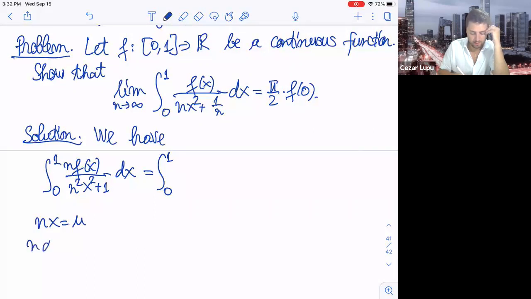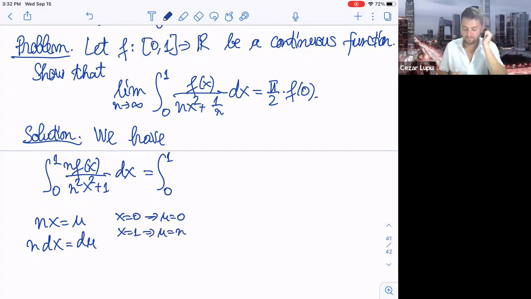So n dx is du. So when x is 0, u is 0. And when x is 1, u is n. Aha. All right.